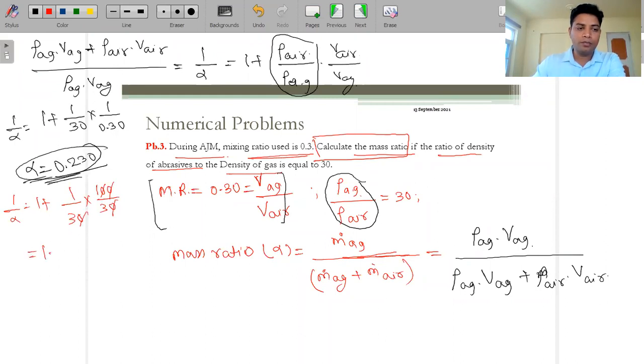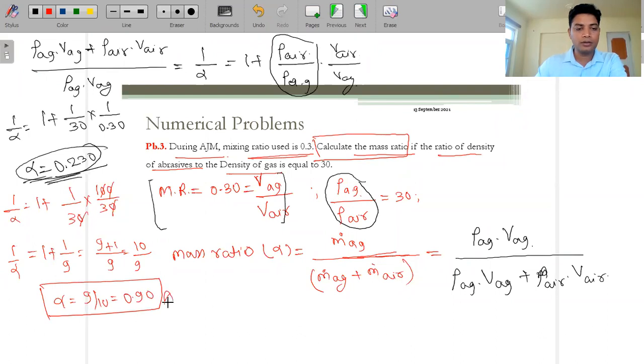So 1 plus how much remaining, this is 1 by 3 from here, and here is also 1 by 3. So 3 into 3, that is 9, this becomes 1 by 9. And when you take the LCM, this will become 9 plus 1, which is 10 by 9. So this value equals 1 by alpha. So from here alpha will be 9 by 10, or equal to 0.90. Okay, so this is the answer.